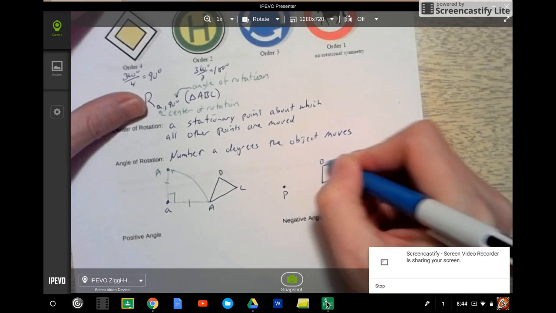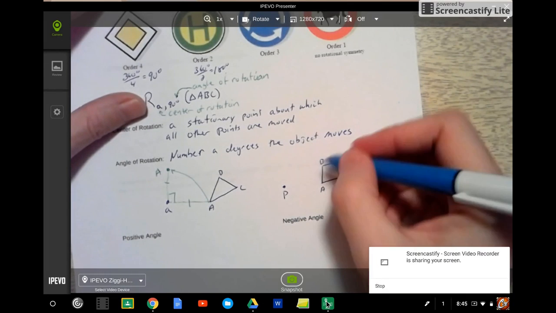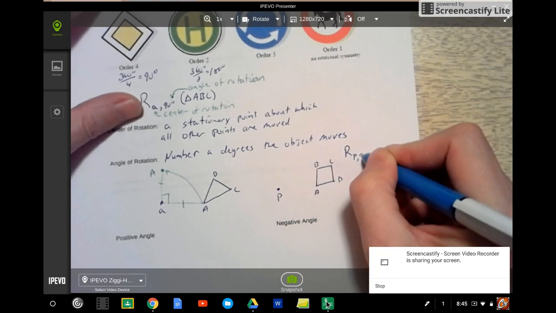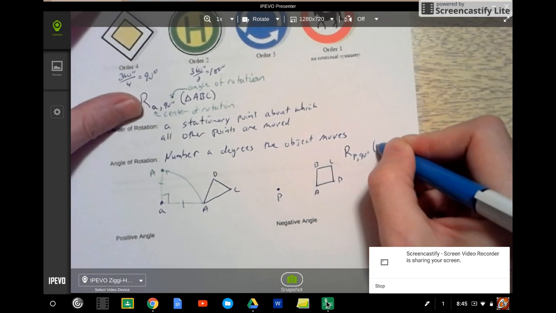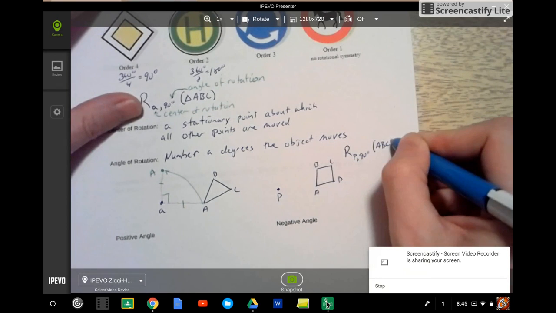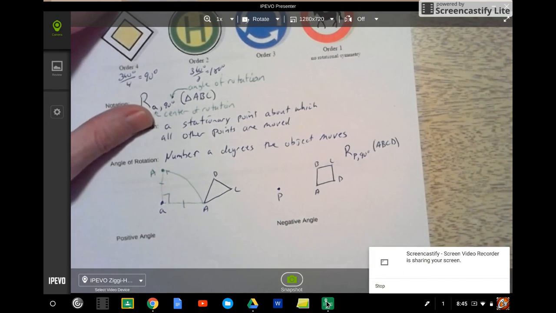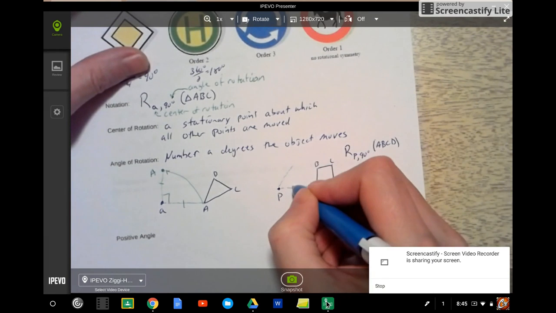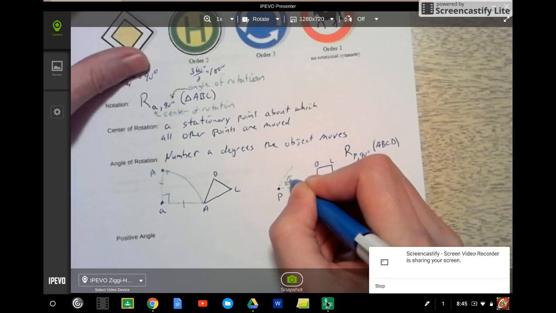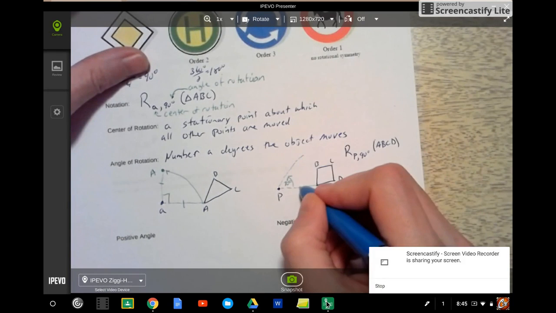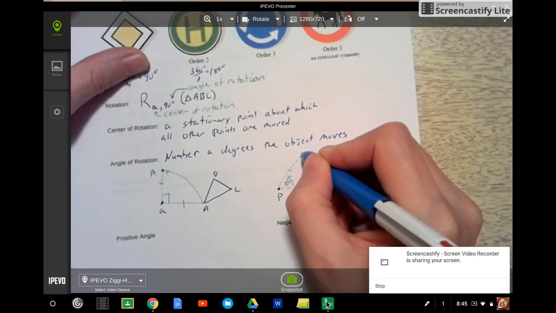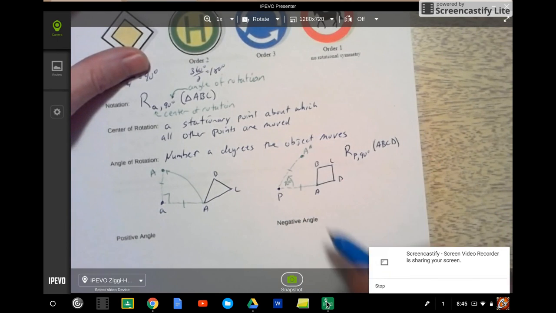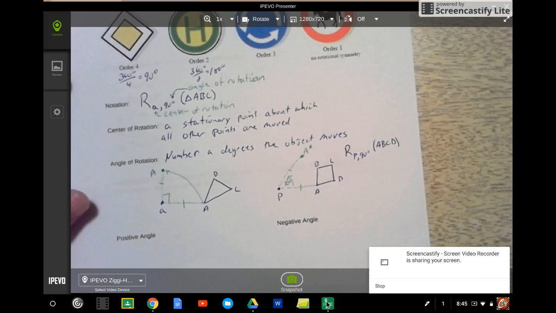A, B, C, D. And if I want to rotate around P 70 degrees of A, B, C, D, then what I would do is I'd go, okay, let me draw in this line here, and I'd have to measure a 70-degree angle and get these to be the same length, and there would be my new point, A prime. Okay, B prime, I'd do the same thing. So I would do that with all the points.